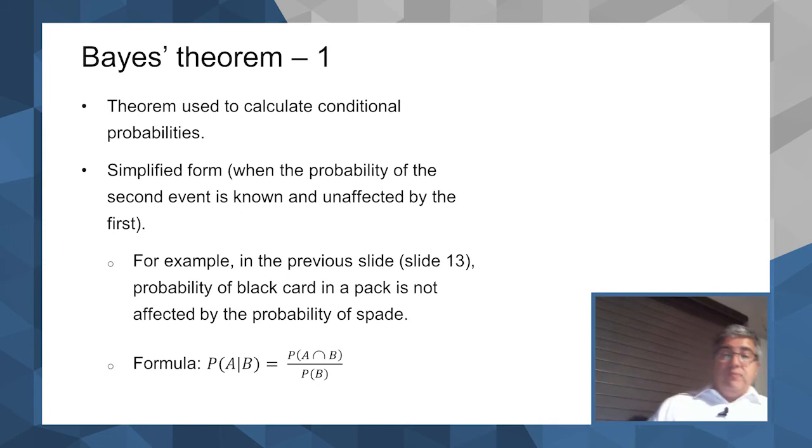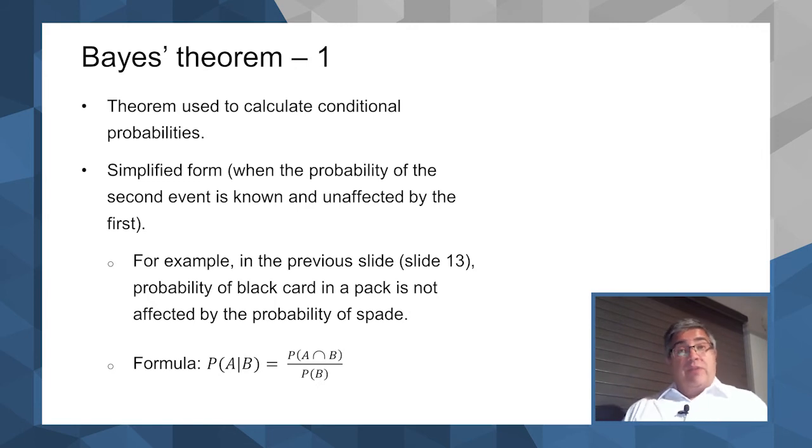So here, for example, we know the probability of a card being black. And so when we calculate the probability of, for example, a spade, given that the card is black, we know that probability of B in this case, which is a black card, is half. We also know the probability of A and B, which in this case is spade and black, which is a quarter.